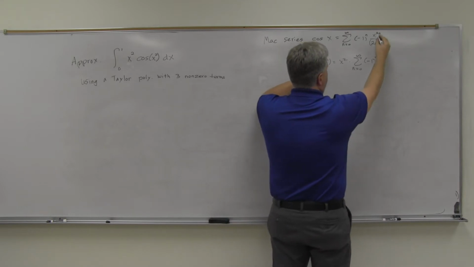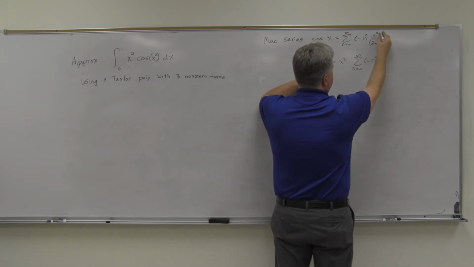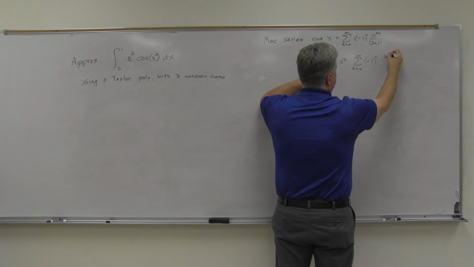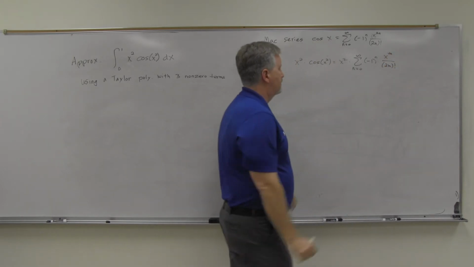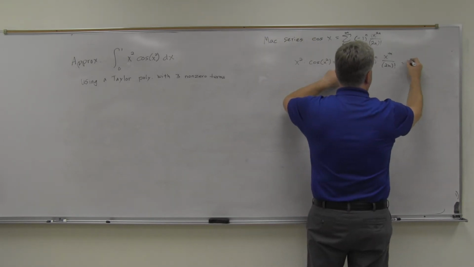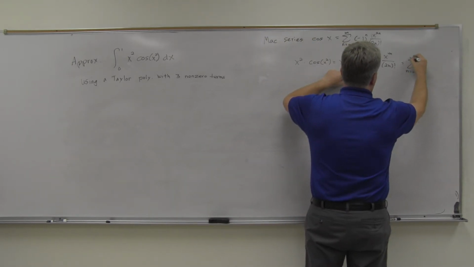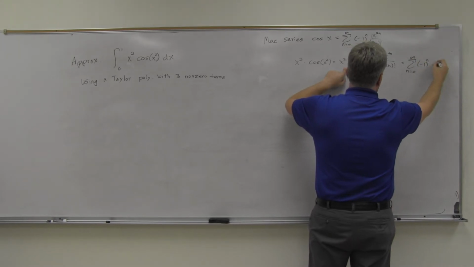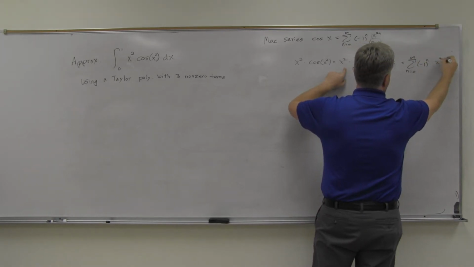So I've got x squared instead of x, so that'd be x squared to the 2n, so that'd be x to the 4n over 2n factorial. You with me there? Times x squared. So that times the x squared would mean it's summation n equals 0 to infinity negative 1 to the n, x to the 4n plus 2 over 2n factorial.